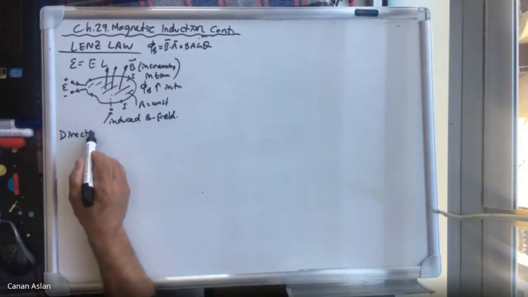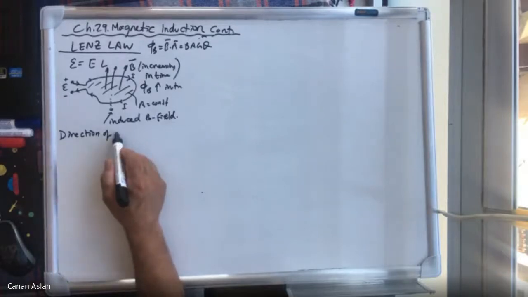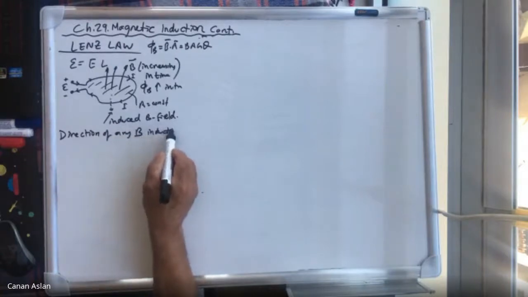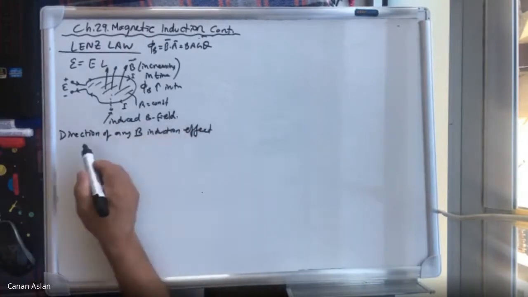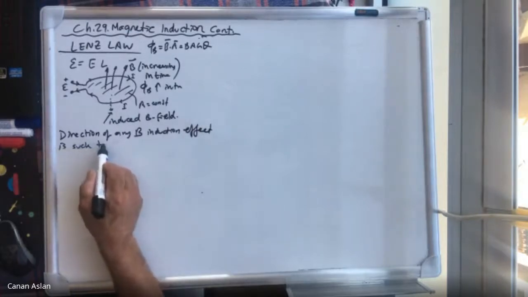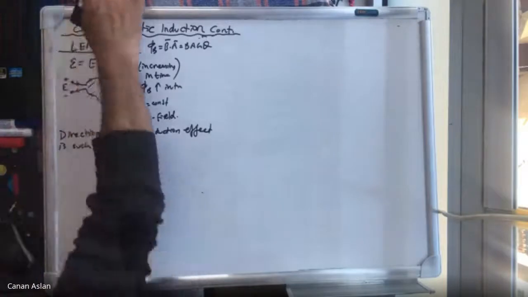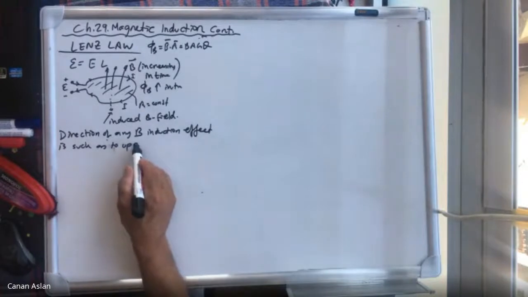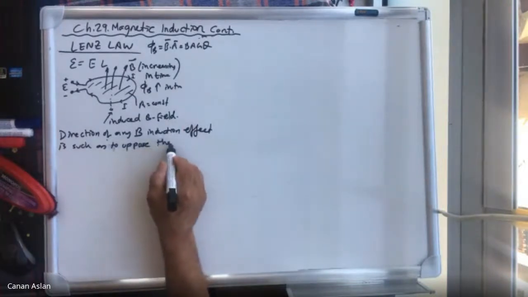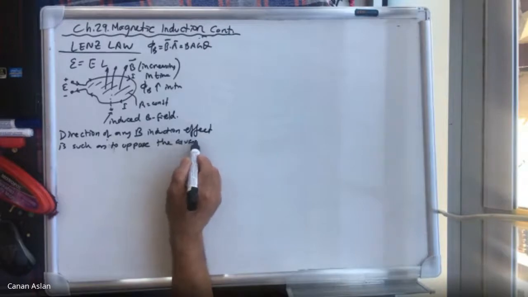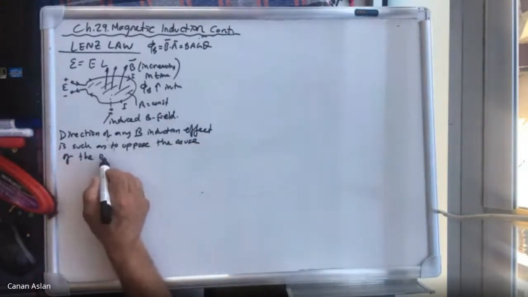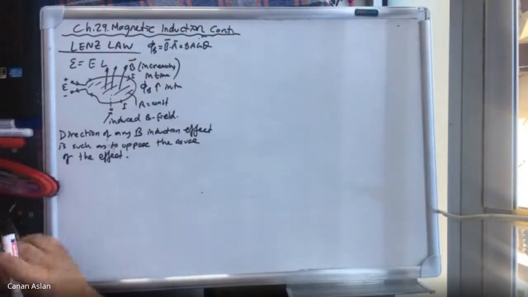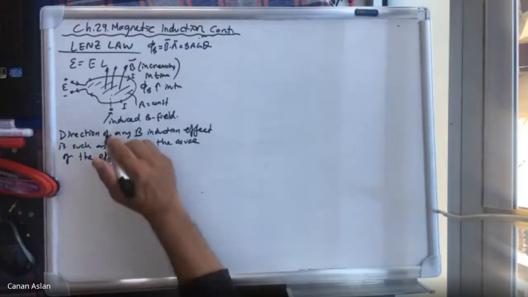Direction of any B induction effect is such as to oppose the cause of the effect. In other words, the direction of the induced magnetic field is in opposite direction to the original magnetic field.